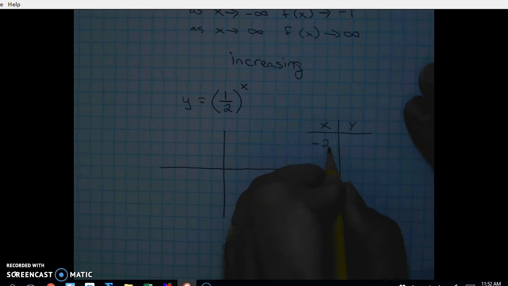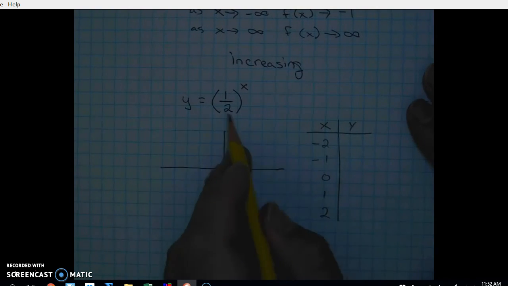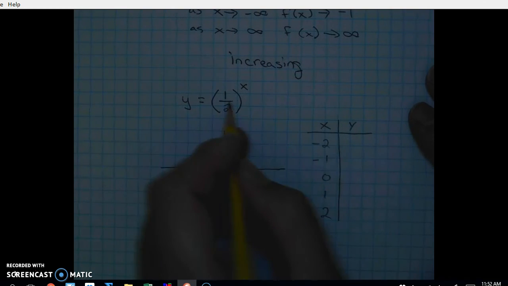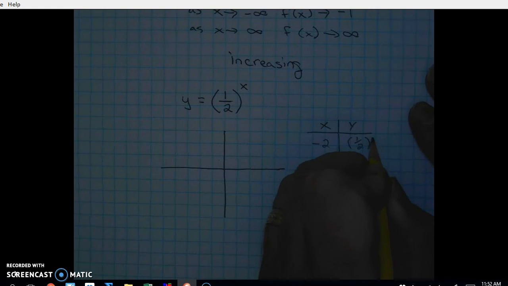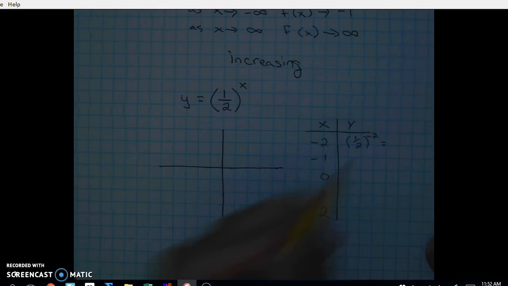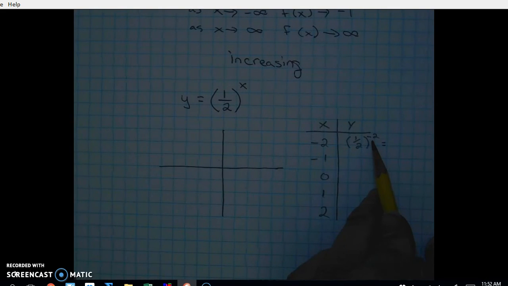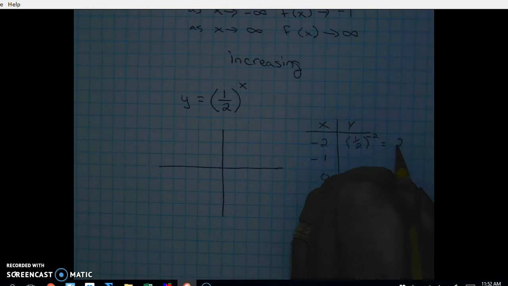Plug in some values and plot the points. So 1/2 to the -2 power. A real simple way to make this into a positive 2 is to flip this. So this would be 2 over 1, or 2 to the second power, which is 4.